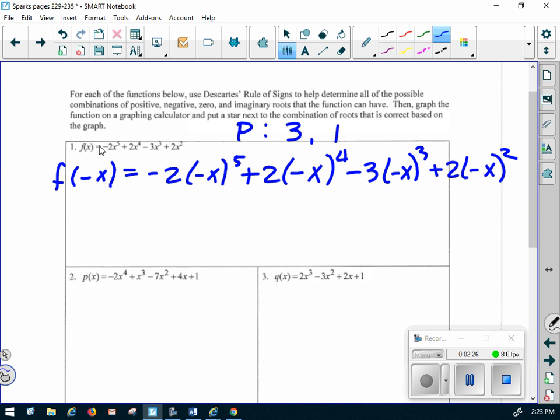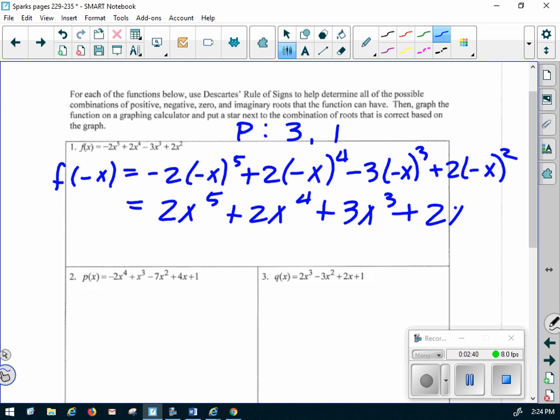We're going to clean that up. Tell me if that's right. If you raise a negative number to an even power, that's going to be a positive, right?